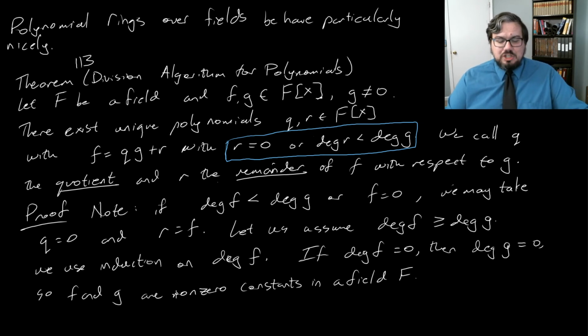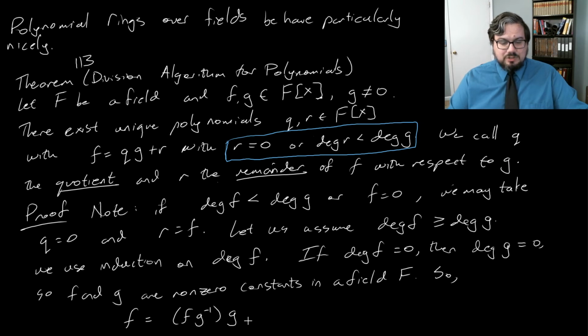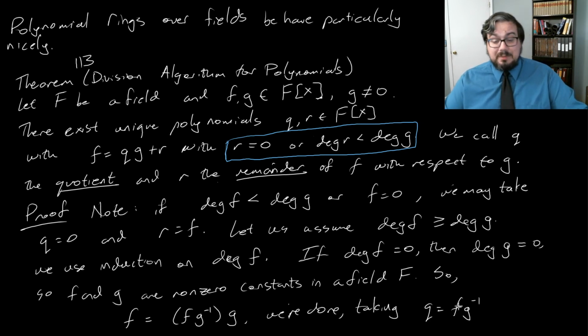And so F and G are non-zero constants in a field F. So in particular, this means that we can write F as F G inverse times G. And so that means that we're done, where we take Q to be equal to F G inverse, the constant polynomial F G inverse, and R to be equal to 0.